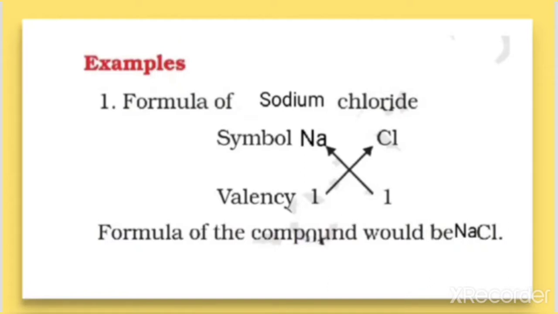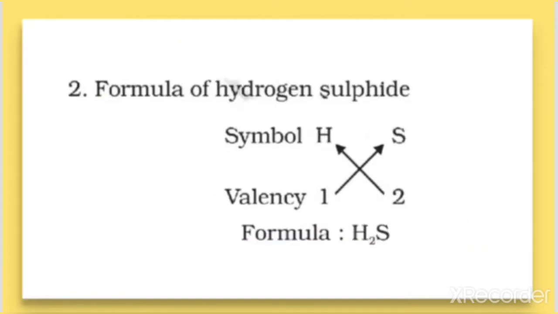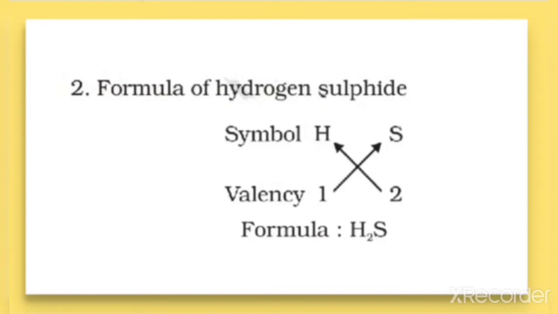Let us take another example: hydrogen sulfide. That means the two elements here are hydrogen and sulfur. The symbol for hydrogen is H and the symbol for sulfur is S. Now what is the valency for these?